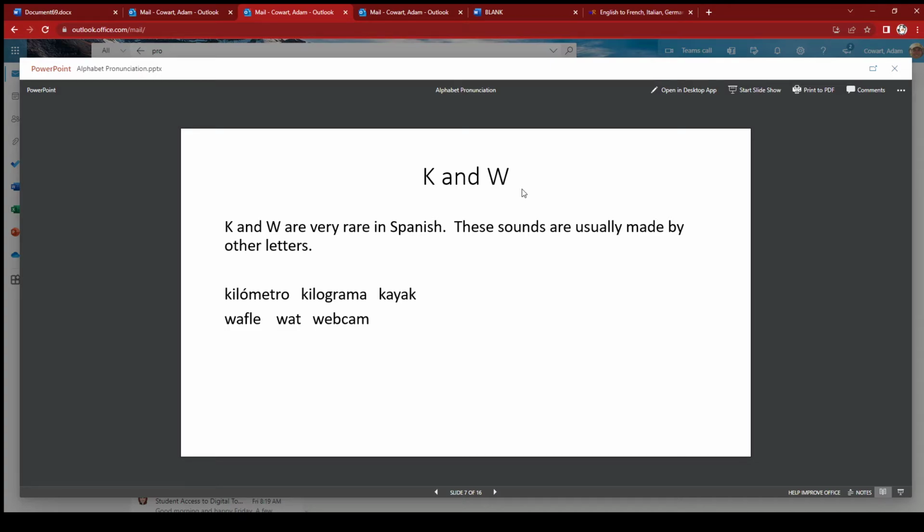Okay? And a lot of times these will be words that are either mathematical, like kilometro, or words from other languages such as waffle. Okay? So you can say after me if you like. Kilometro, kilograma, kayak. Waffle, watt, webcam.